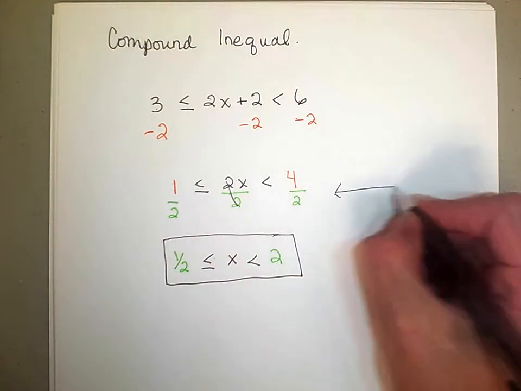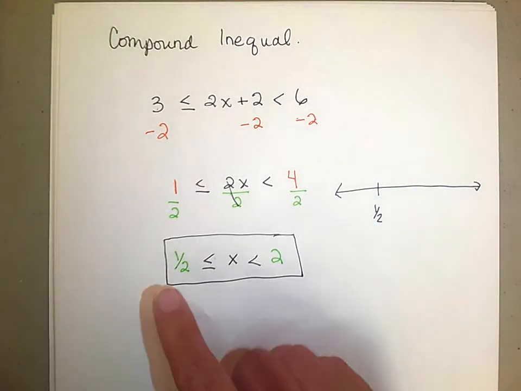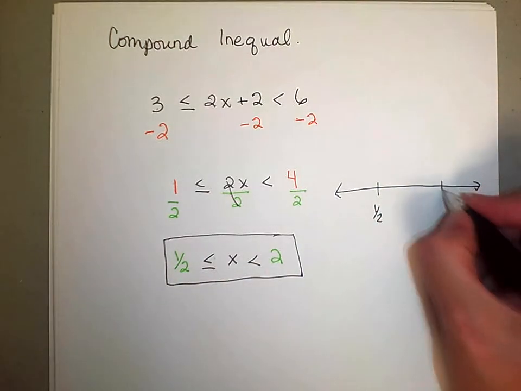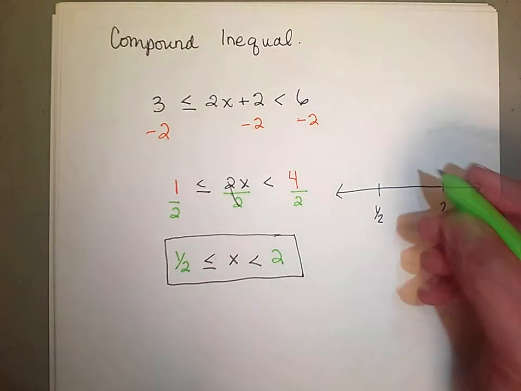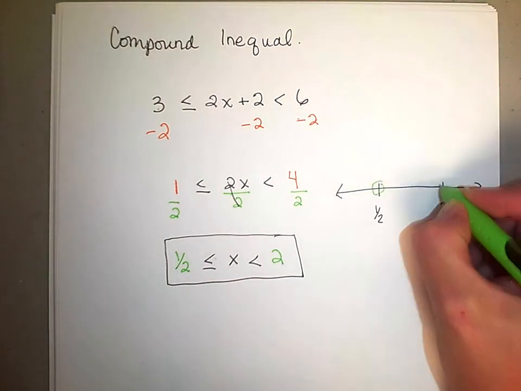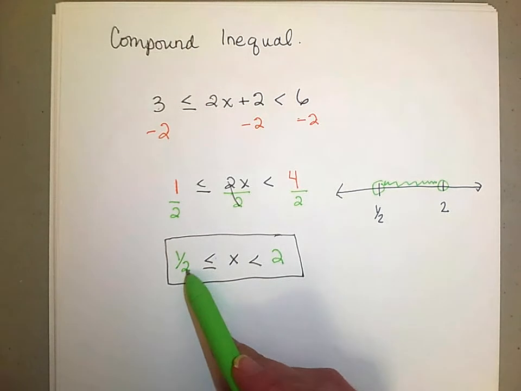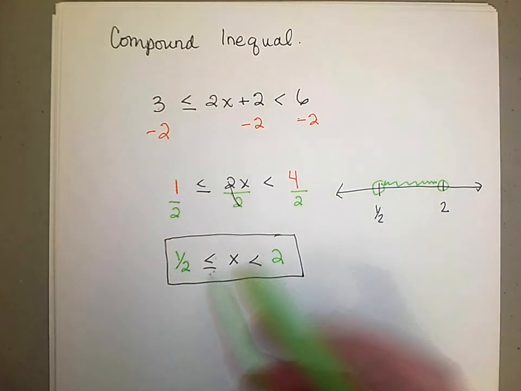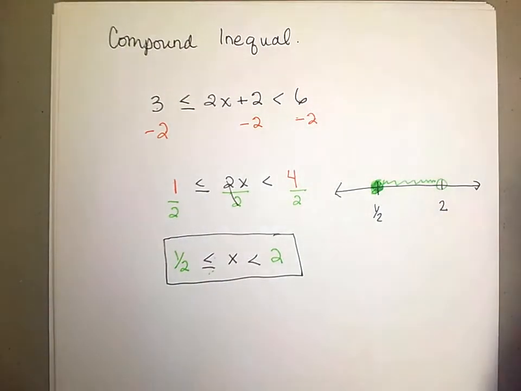And we could look at a number line. Now we have two boundaries, 1/2 and 2. And x is going between those. In this case, the 1/2 can be included, so I would fill that circle in.